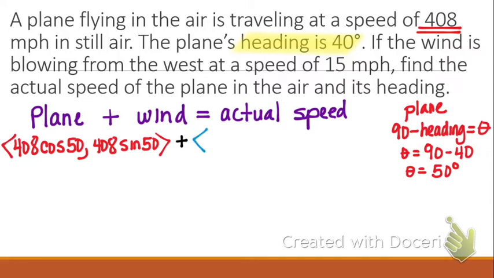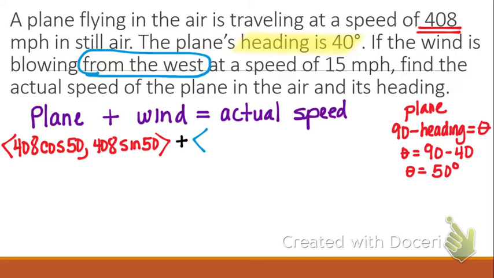And it says that the wind is coming from the west. So remember, if you're coming from the west, that means you're going east. So who remembers what angle do we use for east? 0. So if you were absent yesterday, if you're going east, theta is 0.